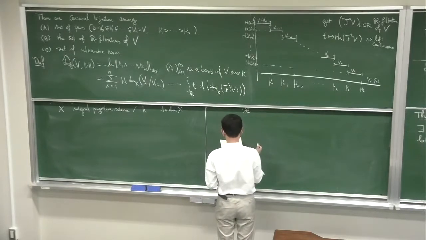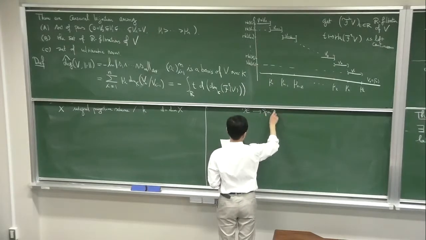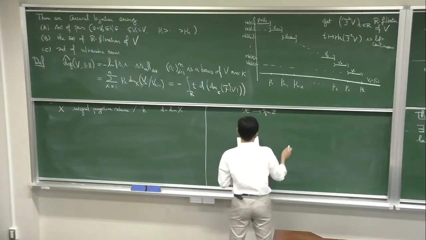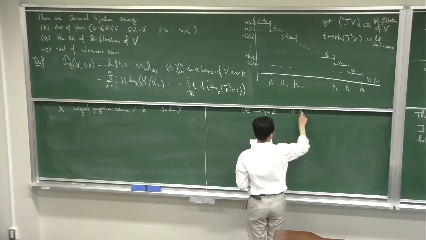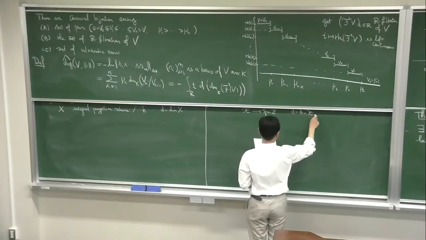So you have X over Spec K, and then d is the dimension of X.